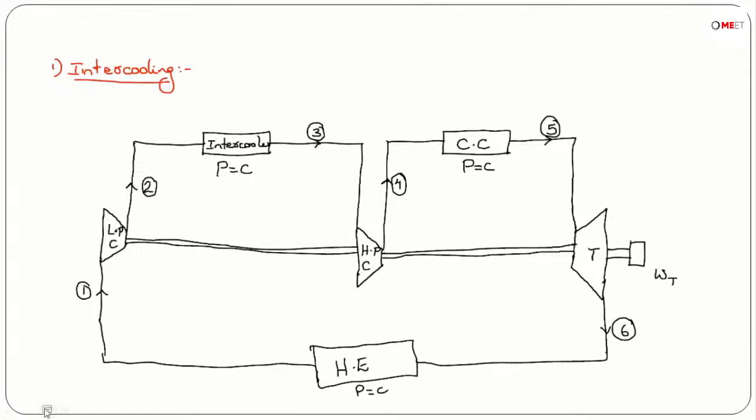That means the temperature at which air is entering the low pressure compressor, let us say this is T1, and the temperature at which the air is entering the high pressure compressor, this is T3. So in the perfect intercooling condition, the temperature at entry to both the compressors should be the same.